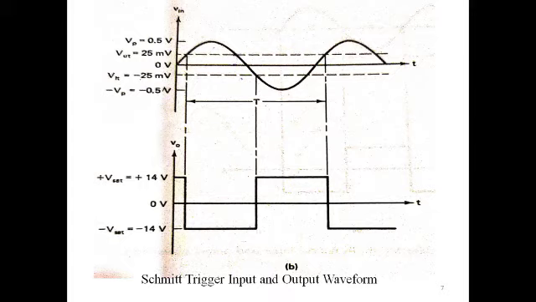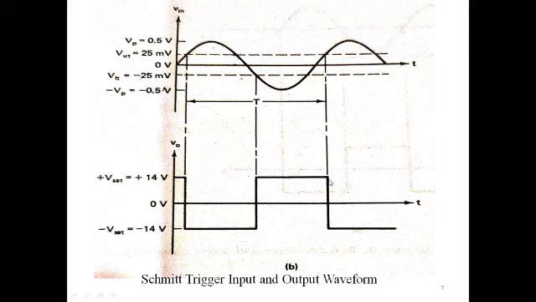When our input voltage is slightly more negative than this minus 25 millivolts, that is, slightly more negative than the VLT, that will cause our output to switch from negative saturation to positive saturation.